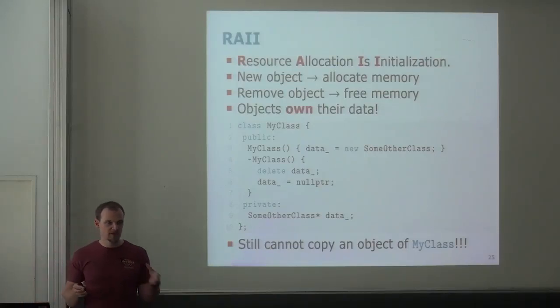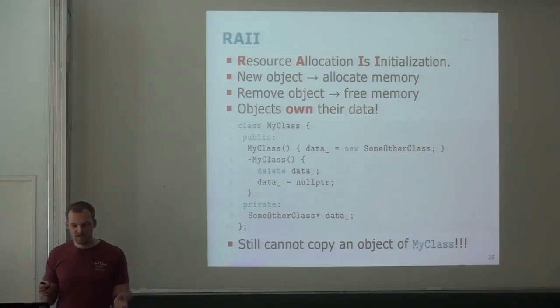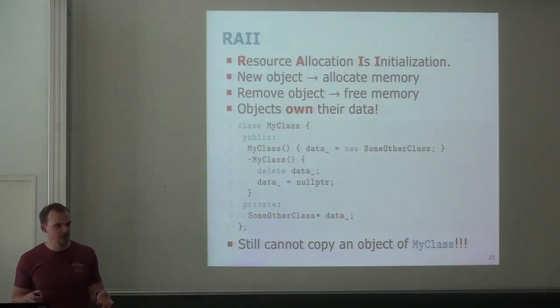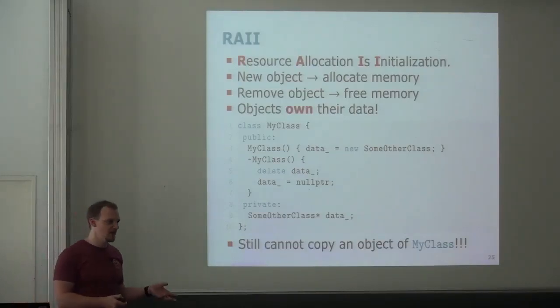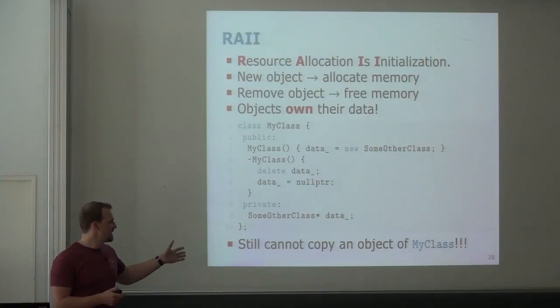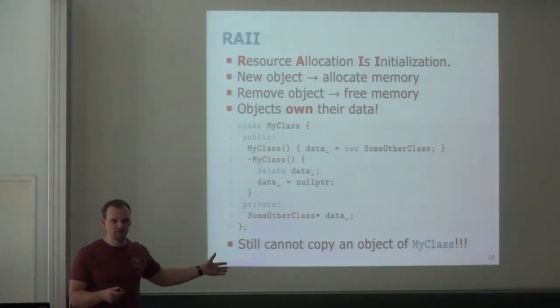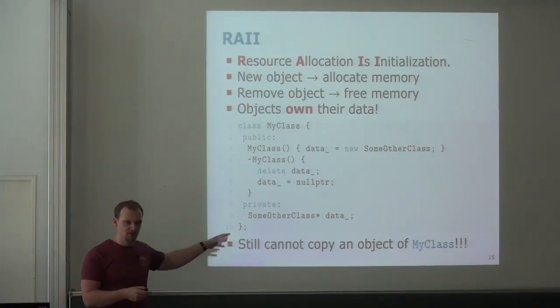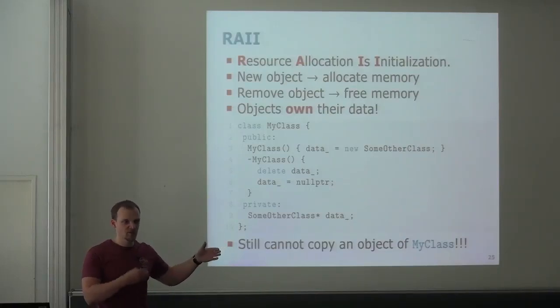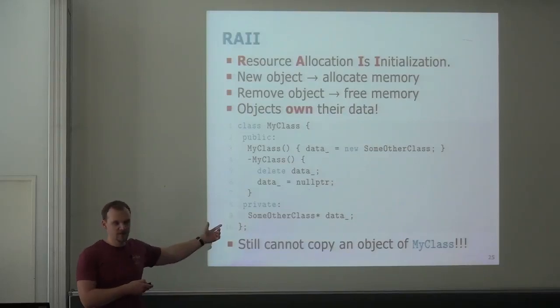So what we basically want is to make sure that our data is scoped here. Before C++11, it didn't really make much sense, because you create an object in some scope, and by the end of that scope the object gets removed and removes its data.